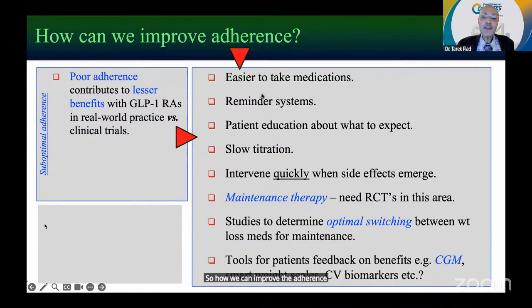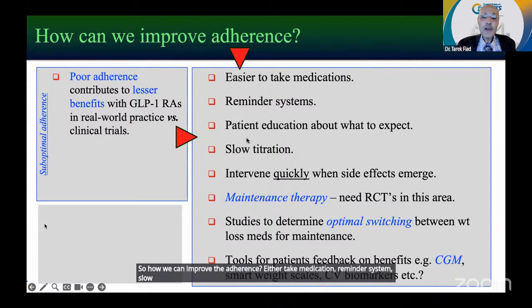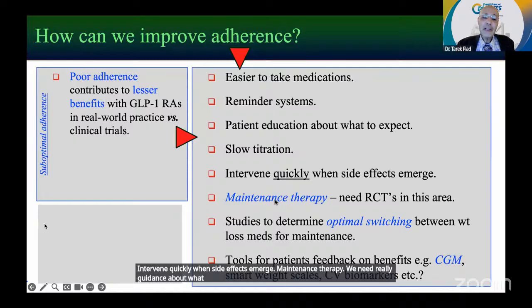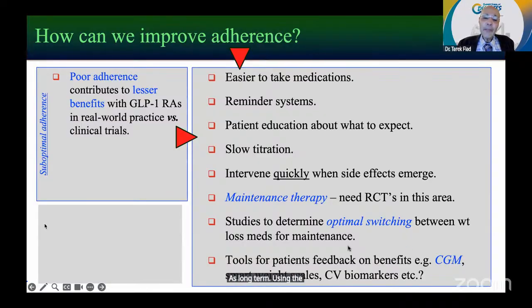So how can we improve the adherence? Easier to take medication, reminder system, slow titration, micro dosing, a key and very important thing. Intervene quickly when side effects emerge. Maintenance therapy: we need guidance about what is the best maintenance therapy. It's not the maximum therapy, but the best long-term maintenance therapy, because this therapy is long-term. Giving patients feedback, including CGM.